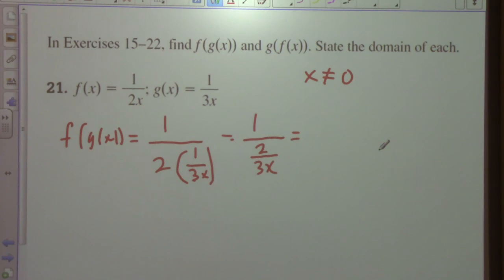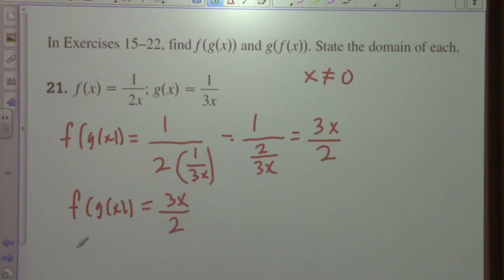And then what do you get when you do that? 3x over 2 is what you'll get. Okay. So this will be your answer. F of g of x is equal to 3x over 2.